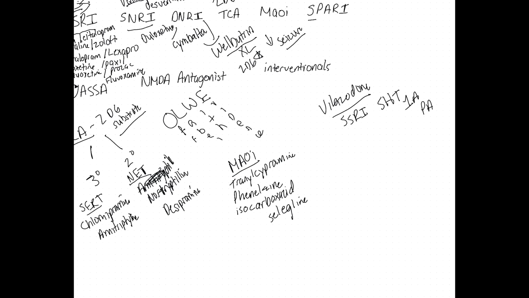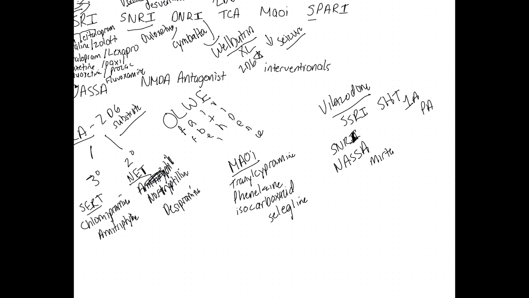What is California rocket fuel? Effexor and mirtazapine. Very good, right? So that is what? SNRI, I'm sorry. And a NaSSA. A NaSSA is actually mirtazapine. Why is it called NaSSA?